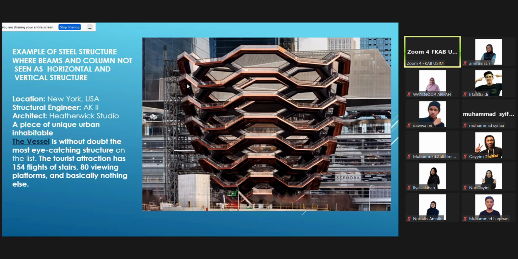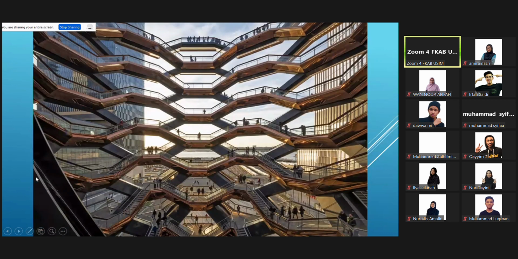This is like a tourist section. It has about 154 flights of stairs and 80 viewing platforms. So in fact, the tourists will enjoy this. When you go up and down, you feel like you are going up and down a hill, a mini hill slope, and you can climb all of it. But I don't know whether there is an escalator.